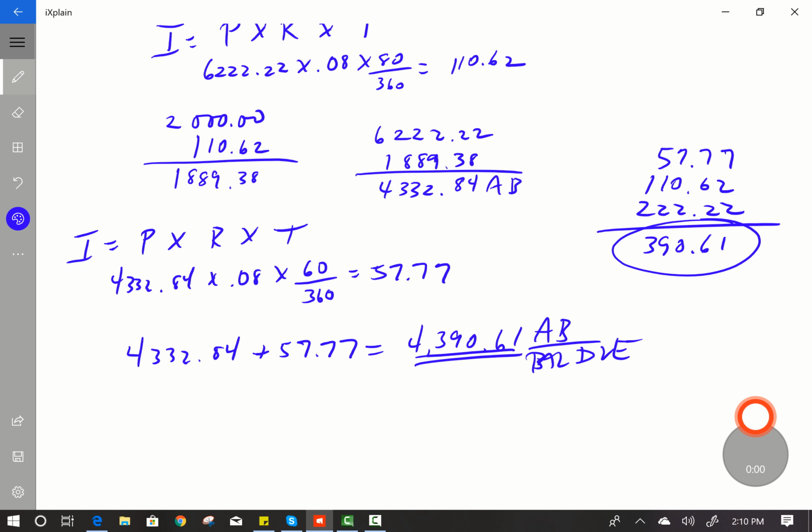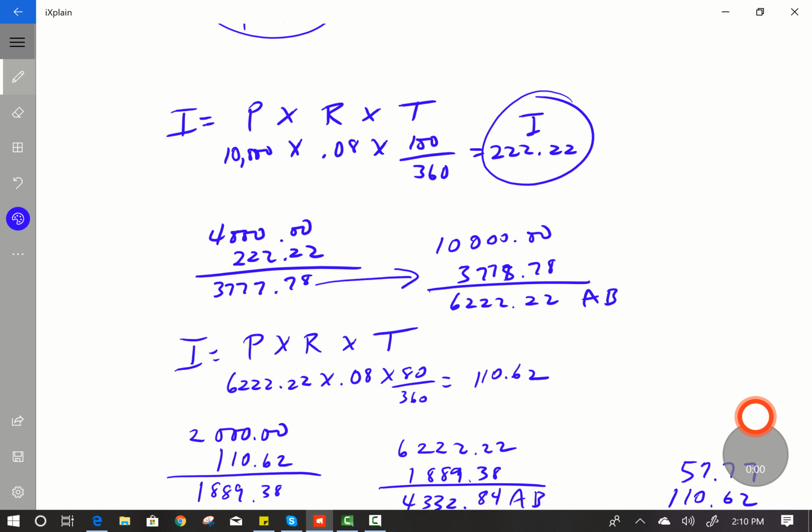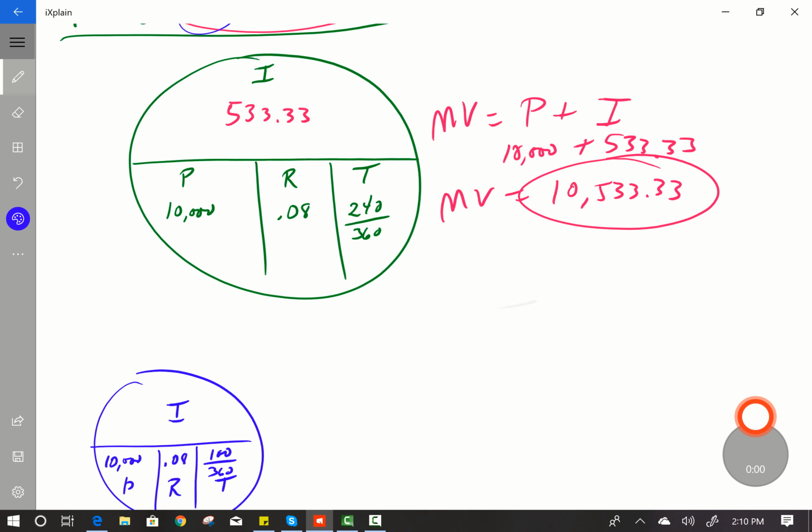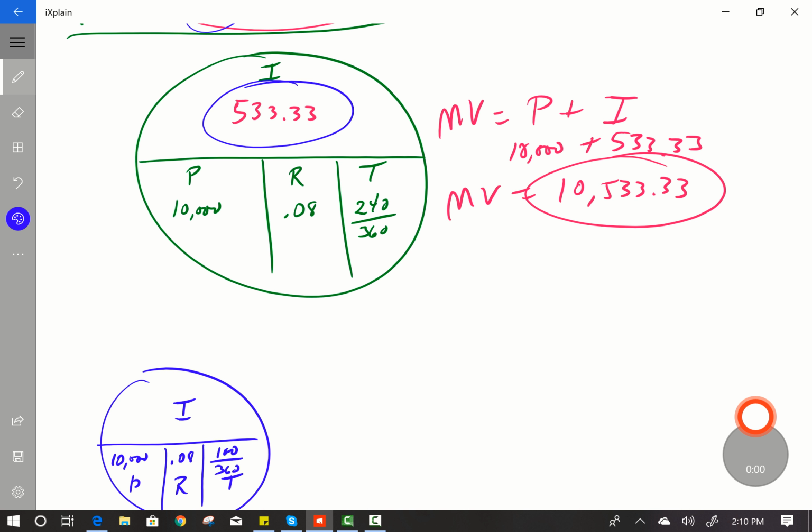Look what I would have had to pay had I not made those partial payments. Instead of $390, I would have had to pay $533.33. So the difference by making these partial payments, I saved myself $142.72. Okay, this concludes the drill activities at the end of the chapter.